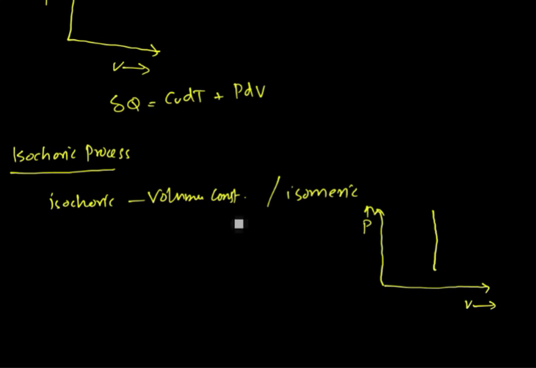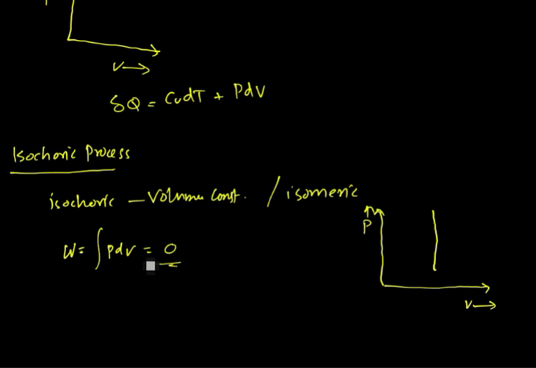So in that case, the work done W is equal to integral P dV. There is no volume change, so it will always be 0. So the work done in an isochoric process is 0. That is, all the heat supplied to the system goes to increase the internal energy, that is, the temperature of the system.